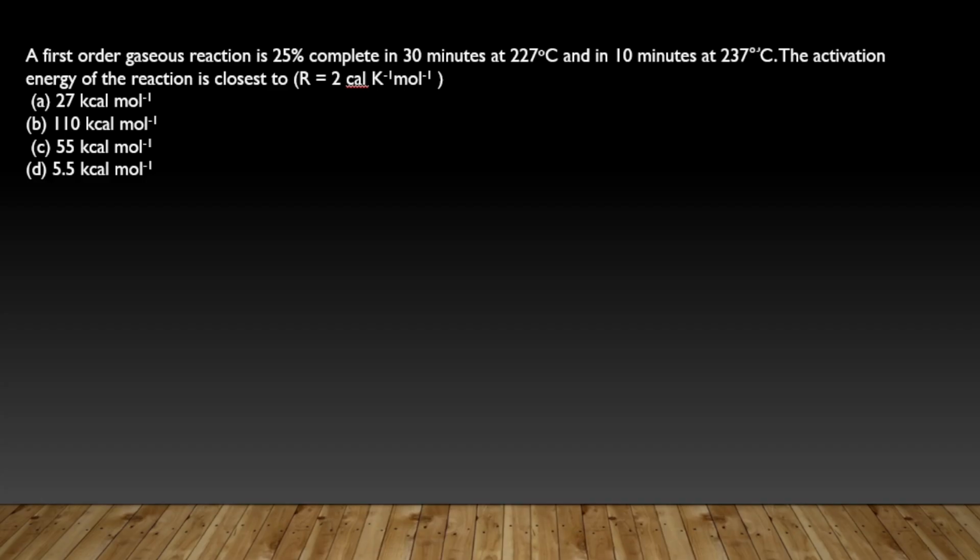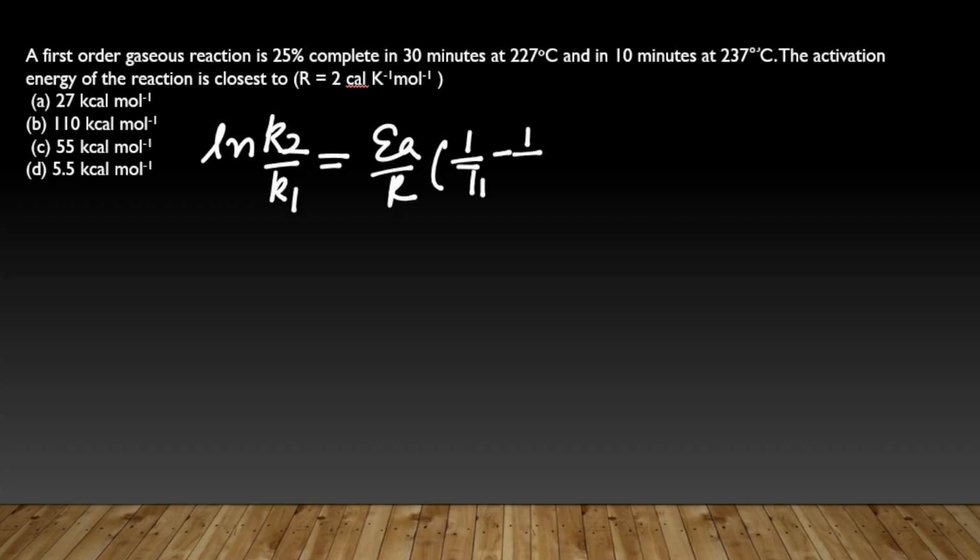So from the Arrhenius concept again, we know that natural log of K2 by K1 is equal to Ea by R into 1 by T1 minus 1 by T2, right? Here it says the reaction is 25% complete in 30 minutes and in 10 minutes it is completed at the other temperature.